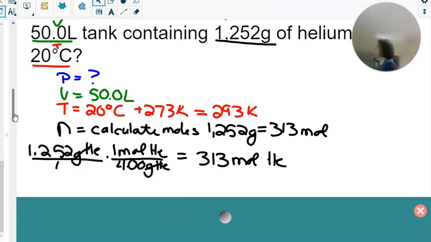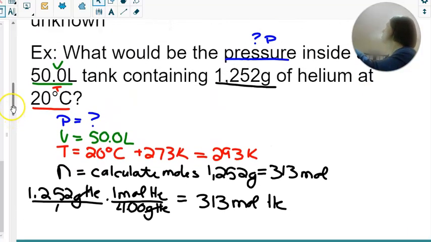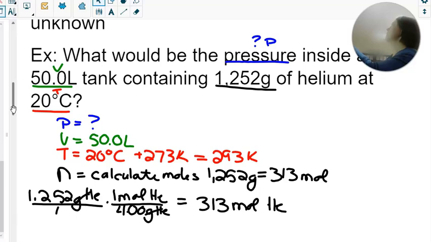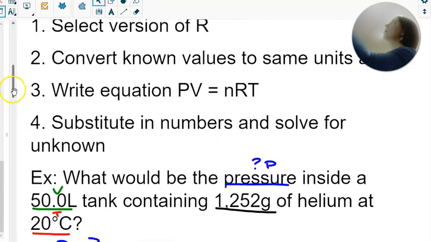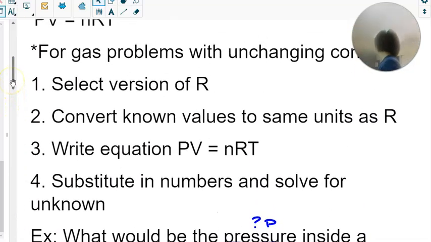All right, so then after we figure out what we have, and put all of our conversions into units, we're going to figure out our R. So you'll need to look on page 459. There is one R that is 0.08206, which is in atmospheres times liters over moles Kelvin.